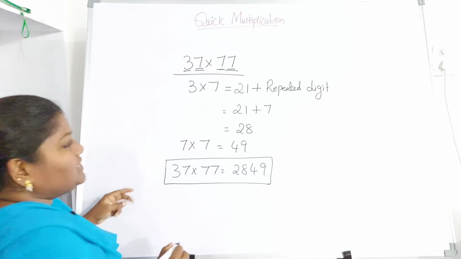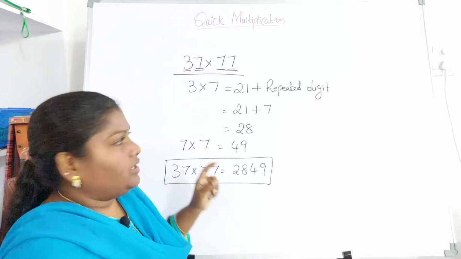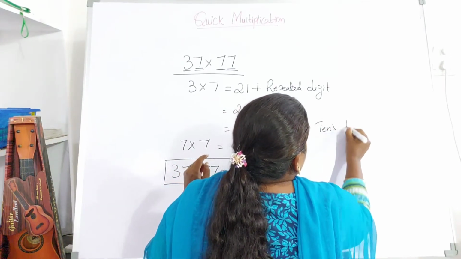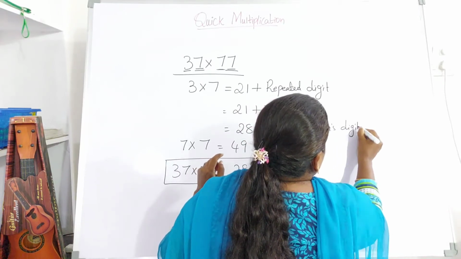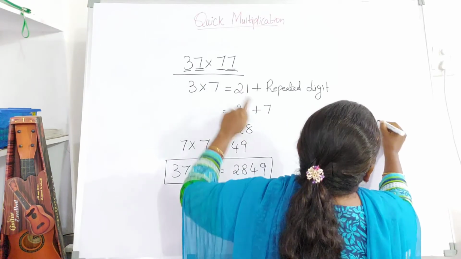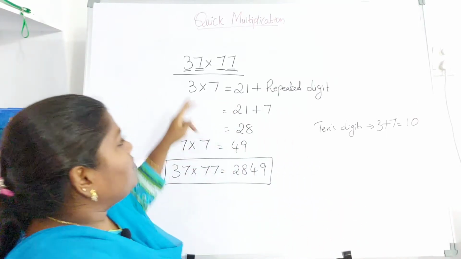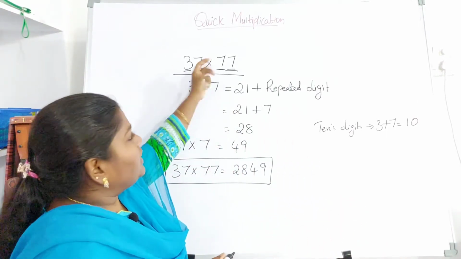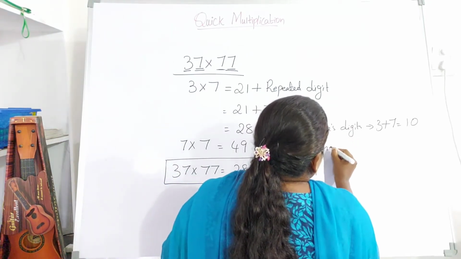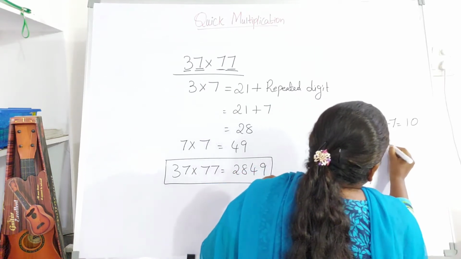Yes, so there is an easy way to do the multiplication, but the condition is that the tens digits of the two numbers should sum up to 10, that is 3 plus 7 is 10, and the ones digits should be the same.